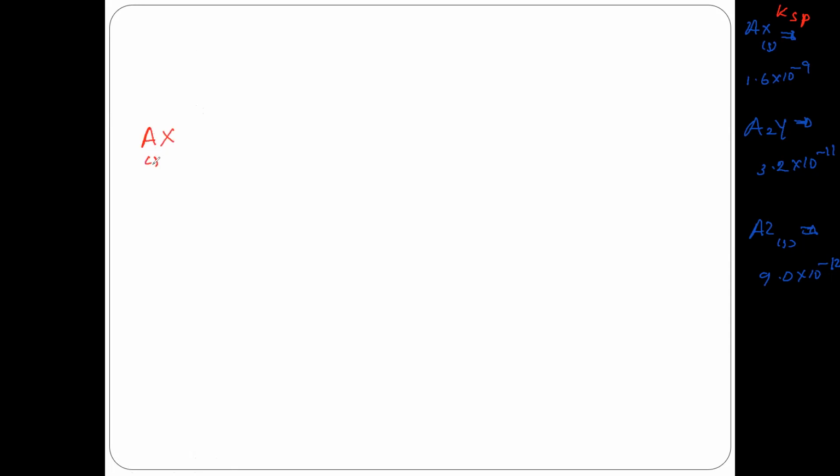The AX solid is sparingly soluble, so it is a reversible reaction: A plus, sorry, X plus, both aqueous. So let's rewrite the solubility. If you say this is X, and this is also X, so let's rewrite the Ksp value for X. This is a past paper MCQ question, so you have to do it very fast. So Ksp of X.